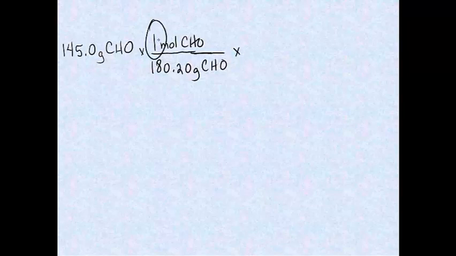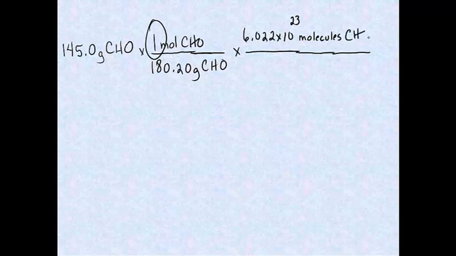Notice this number here, if you're using molar mass, will always be the number 1, because that's the definition of molar mass, the mass of 1 mole. Then 6.022 times 10 to the 23rd single smallest pieces in this compound are called molecules, because it is a molecular compound, not an ionic, and it's not an element, and that's 1 mole.